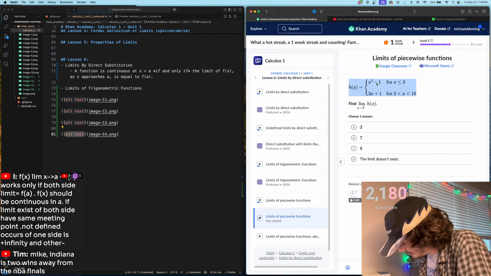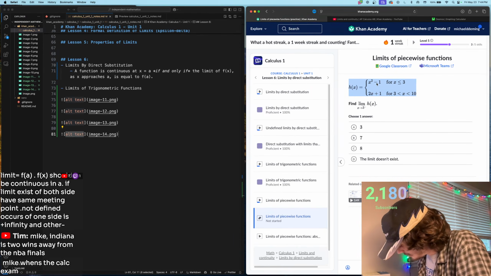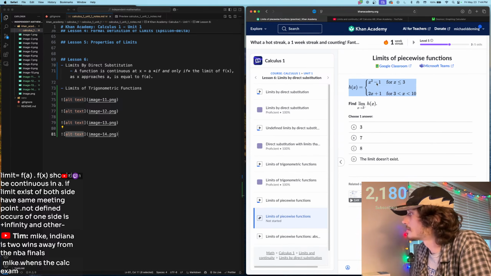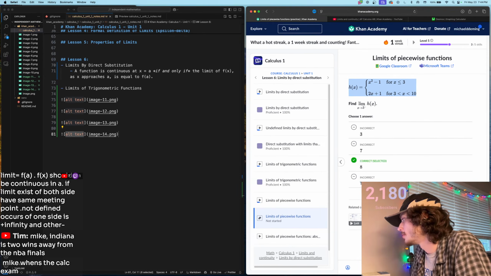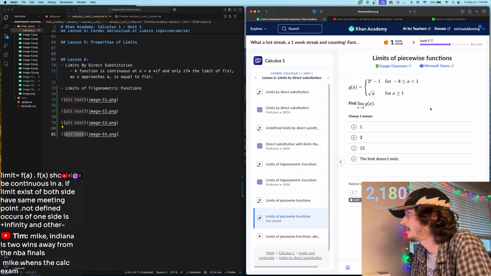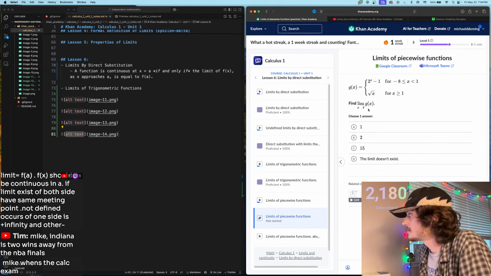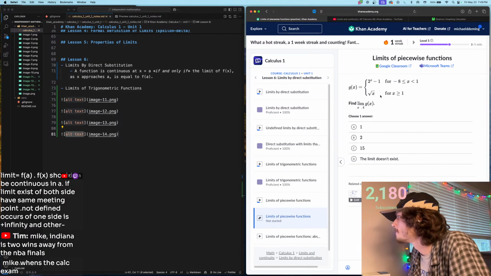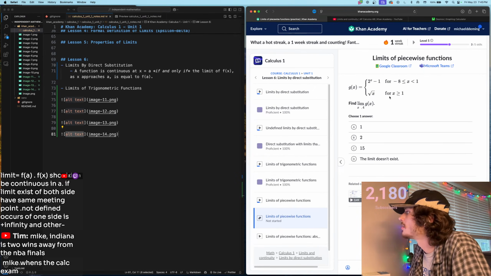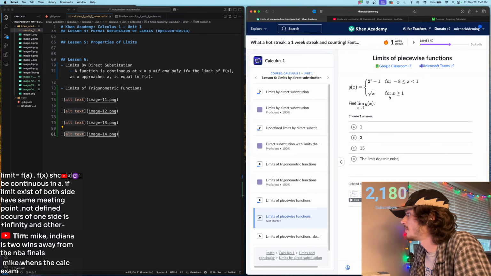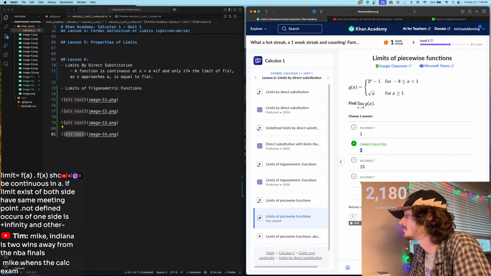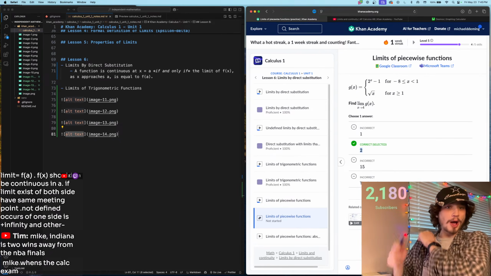We plug in 3 squared minus 1, which is 9 minus 1 equals 8. And the limit as x approaches 4 from both sides, we're defined at this function here. So it would just be the square root of 4, which would be 2.